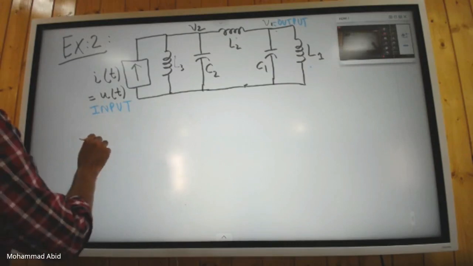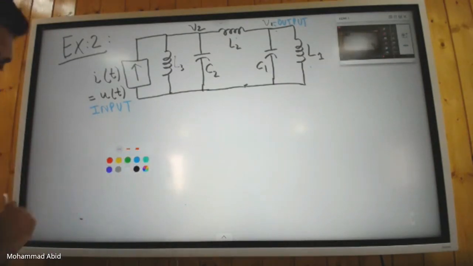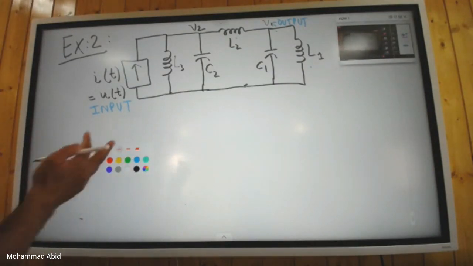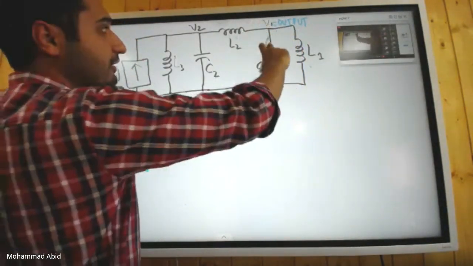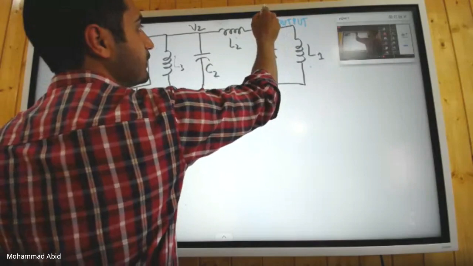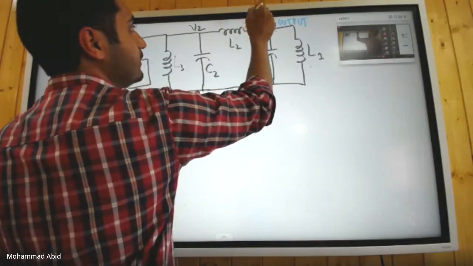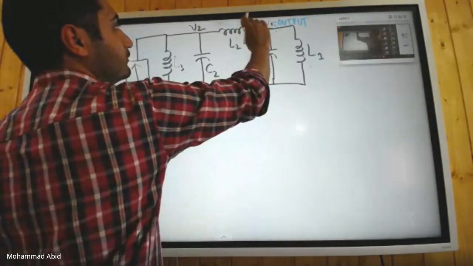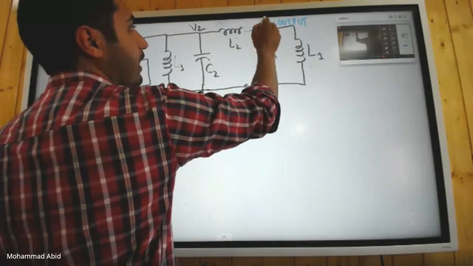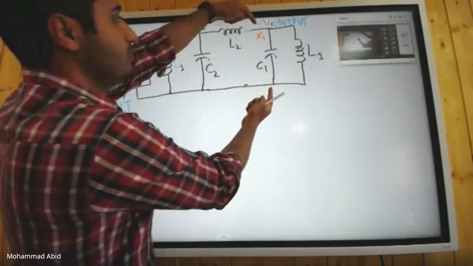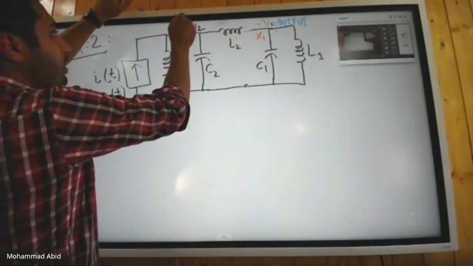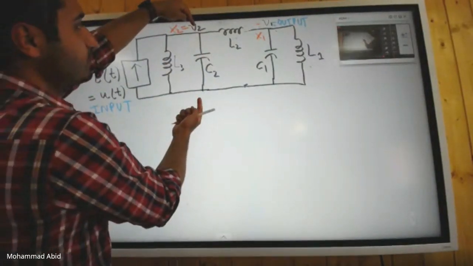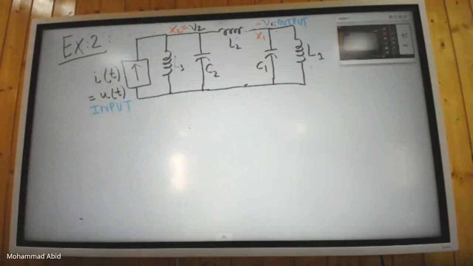Just label the state variables, and you can do that in any order. First, the voltage across capacitor C1, I will make it X1. X1 is the voltage across C1. Similarly, X2 is the voltage across C2. I have to take the voltage for capacitors.